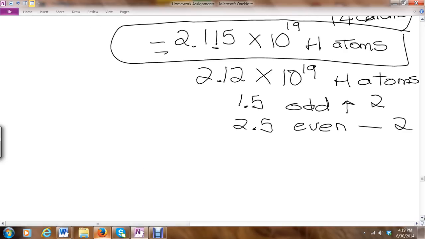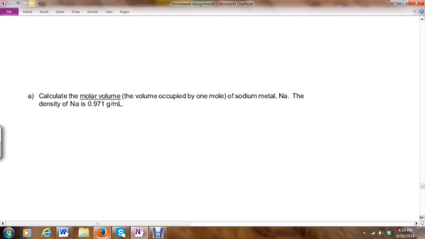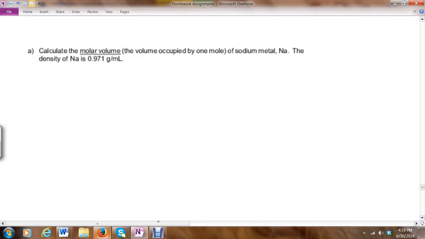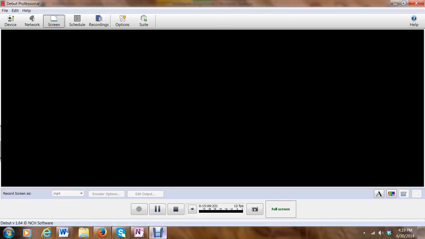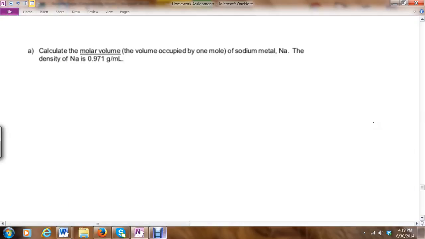Okay, so let's go ahead and solve the last three, parts A and B. Problem 9. Calculate the molar volume. What does molar volume mean?